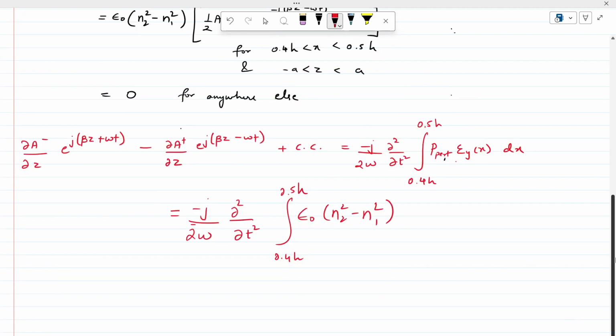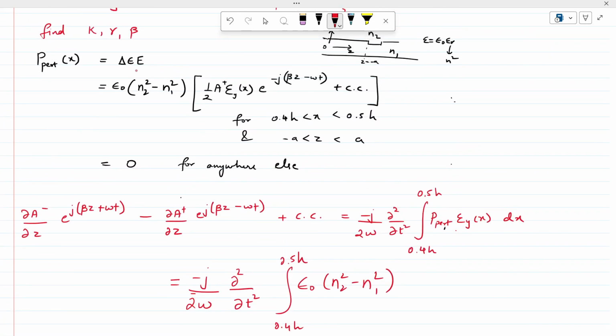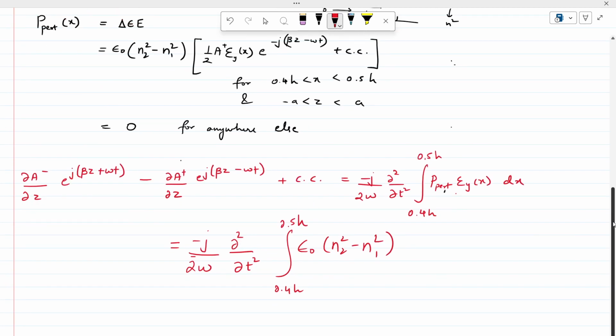Now note that the perturbation term also has an Ey of x, and there is an additional Ey of x here, so then that will be Ey of x squared.